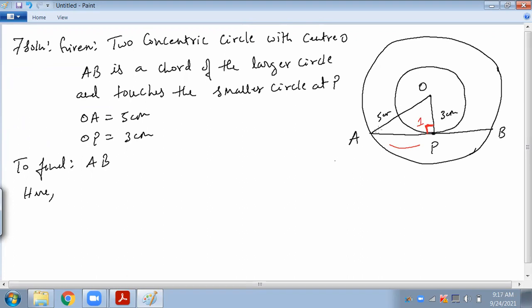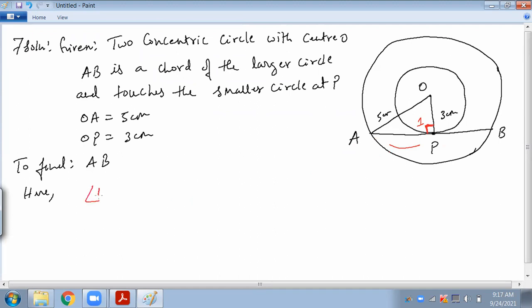If angle 1 is 90, OAP is a right triangle, so we can apply the Pythagoras theorem and find AP.